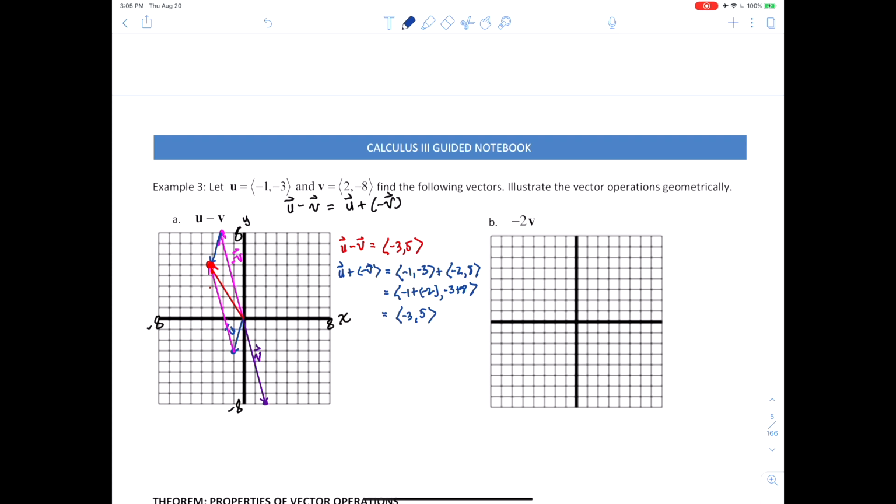So it's going to flip and then double in length. So let's check it out. We're going to have to change the scale on this, I think. So we can keep this one the same. So this would be 8 and -8 for the horizontal. And then for the vertical, we'd have to go to 16 and -16.